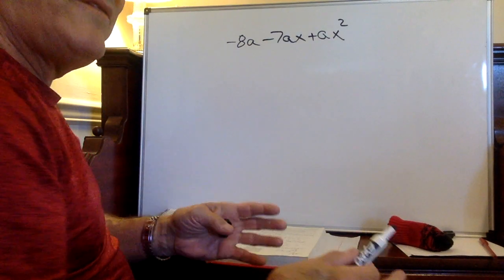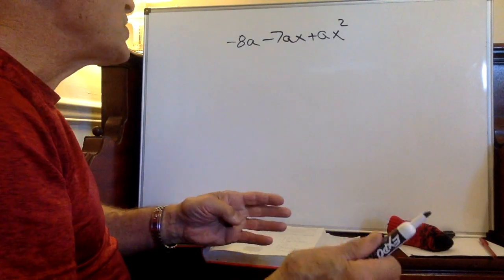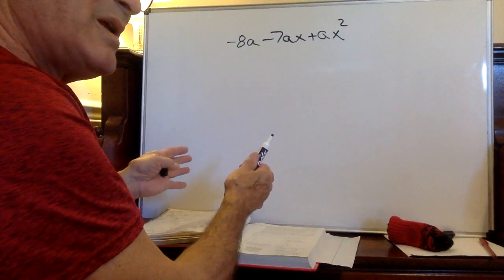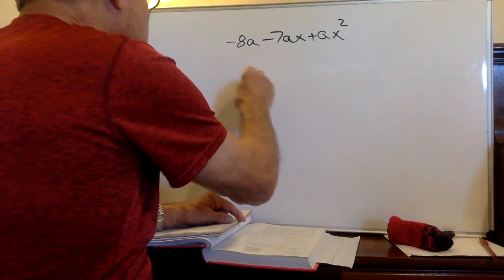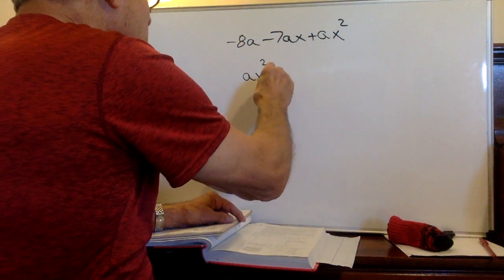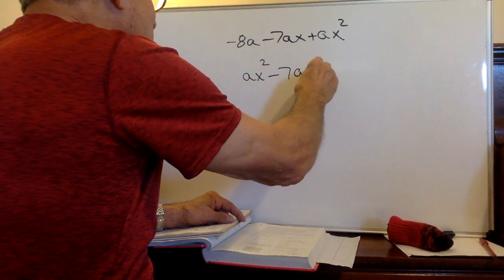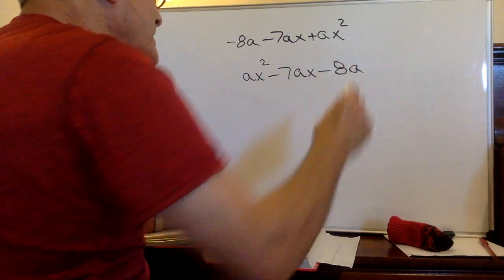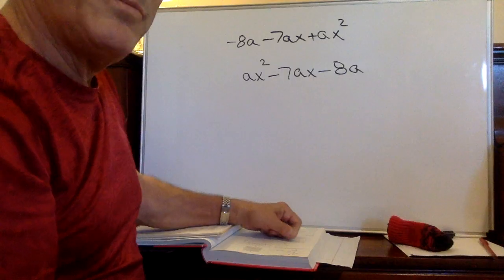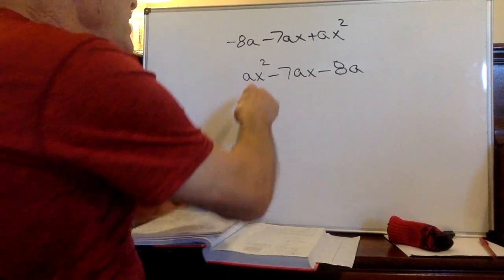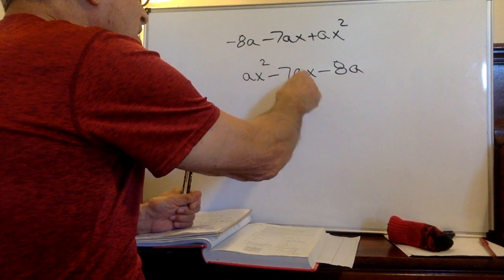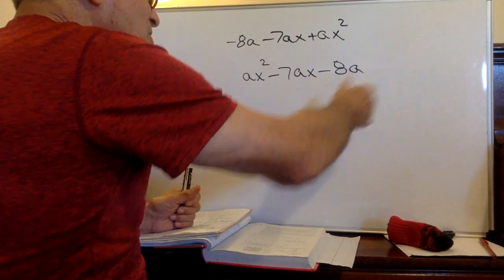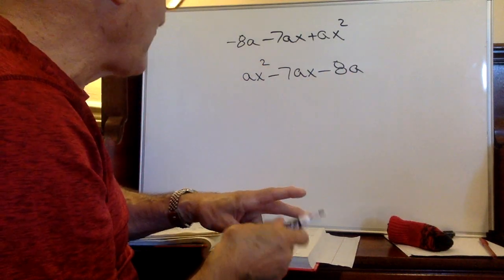Generally, kids have it easier if the squared term is first and positive. So I could rearrange these terms and start with ax squared minus 7ax minus 8a. This is exactly the same as what's above it, but I now have the x in descending power. X to the second, x to the first, x is gone, or x to the 0 if you want to think of it that way.